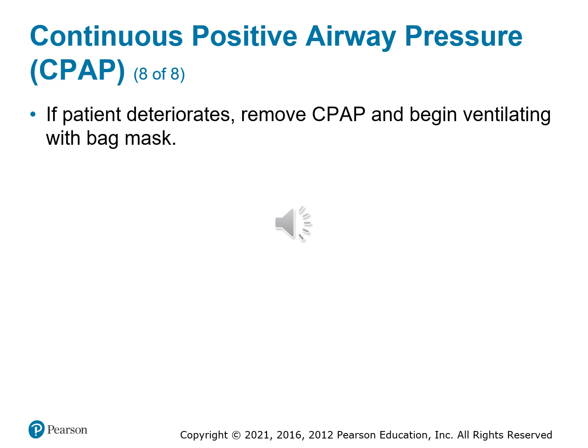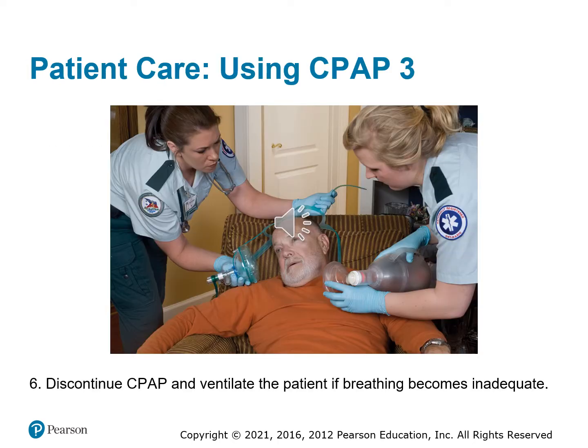Now, if the patient deteriorates, if the patient is no longer breathing adequately on their own, we've got to get the CPAP off. We may need to begin artificial ventilation with our bag valve mask. It appears our gentleman has gone unresponsive, so you can see the 2 medics.